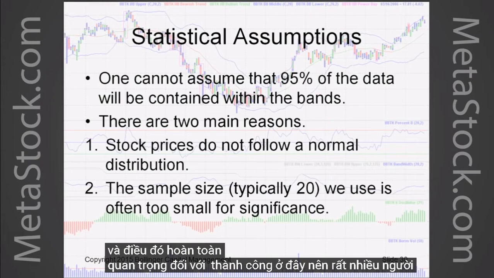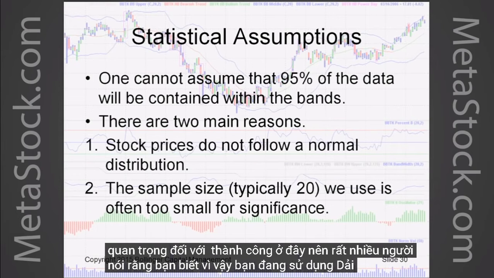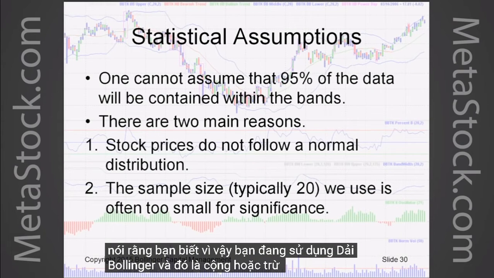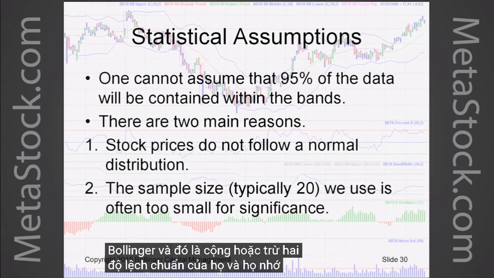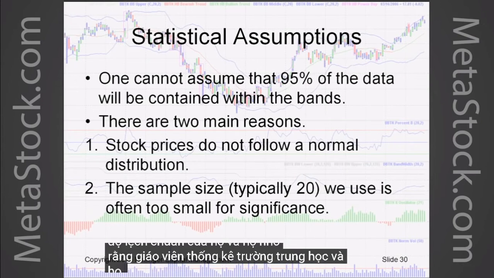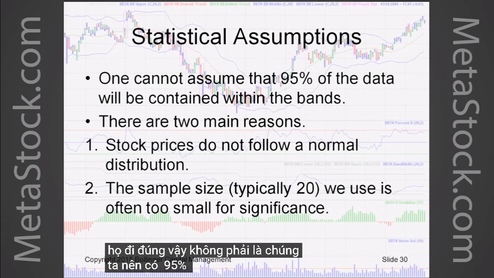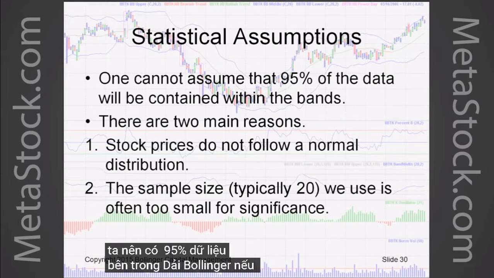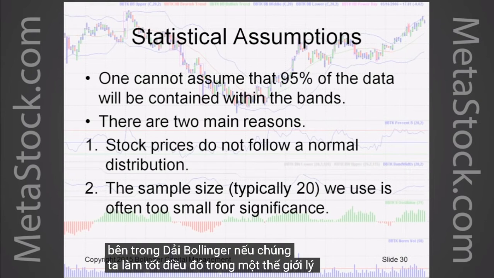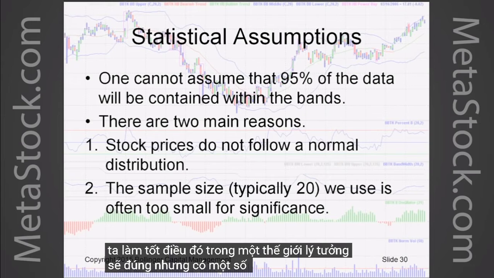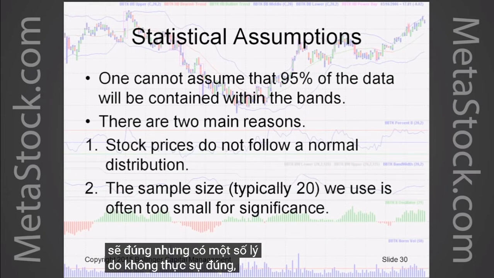A lot of people say, so you're using Bollinger Bands and they're plus or minus 2 standard deviations, and they remember that high school statistics teacher, and they go, aren't we supposed to have 95% of the data inside the Bollinger Bands? Can we do that? Well, in an ideal world, that would be true, but there are some reasons that's not actually true.